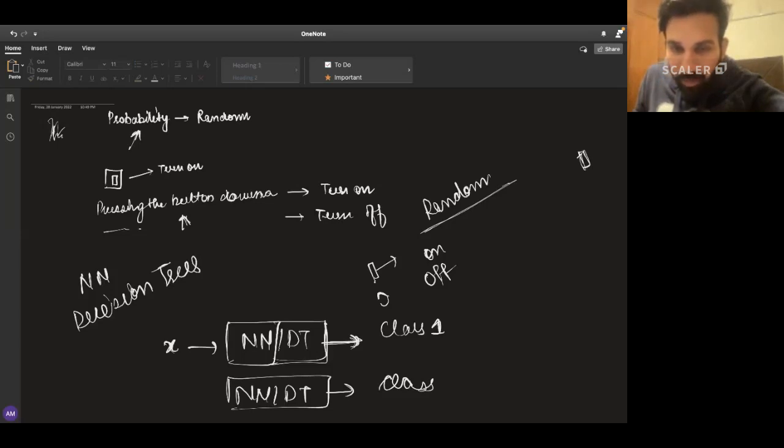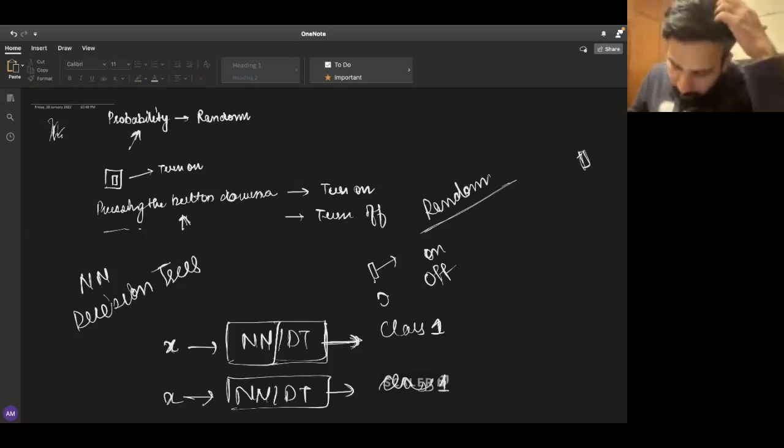Most probably it would be the same class. Yes. Same class, correct? Because it has learned the logic and that logic remains the same, right? Now it's just gonna use that logic from the neural network, or those parameters, or that tree, to give you the output.